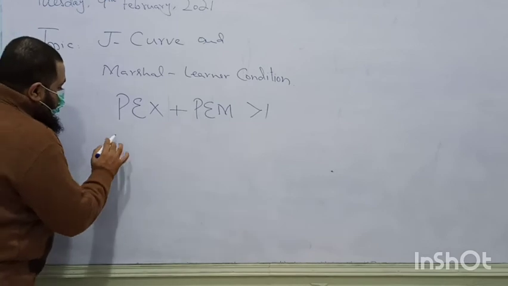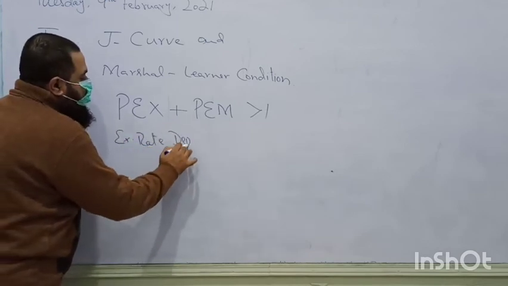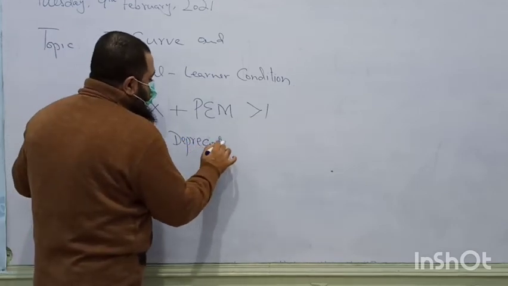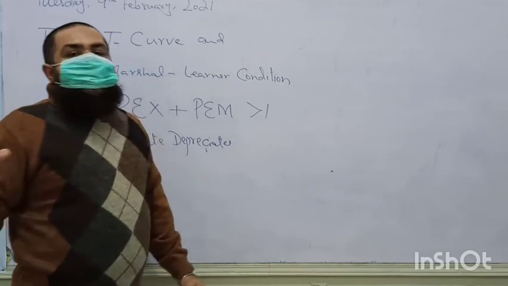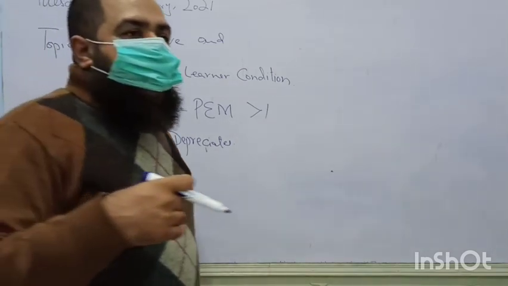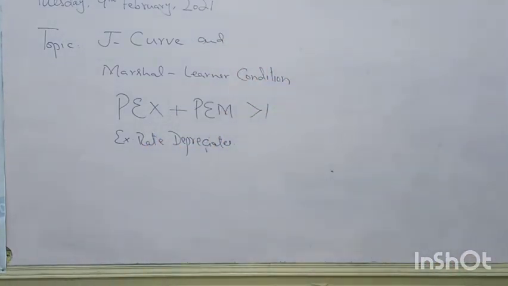Now I say exchange rate depreciates. Depreciation means what? Depreciates. It means our currency is becoming weaker. Then definitely our imports will become expensive, and exports in terms of other currency, they will have low price because they have become stronger in currency.